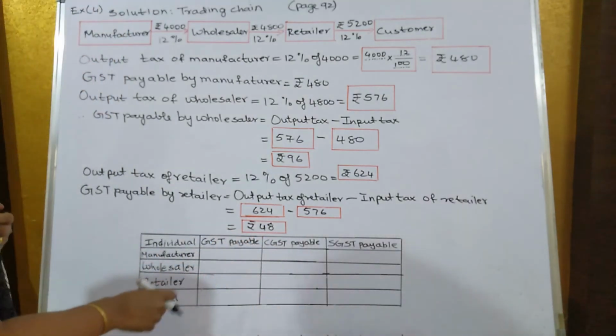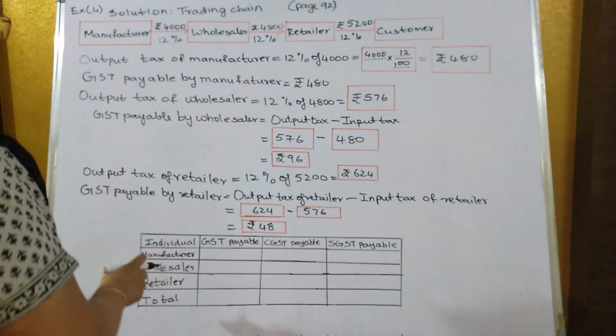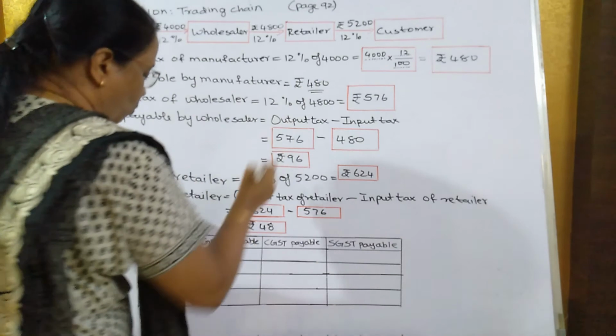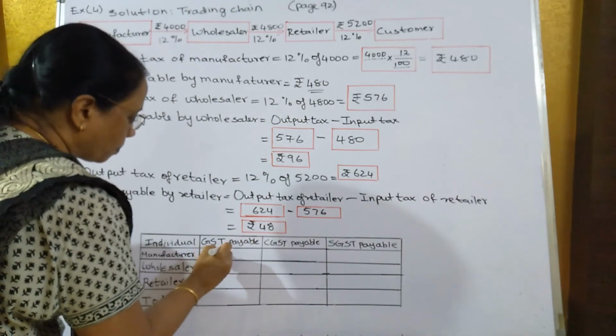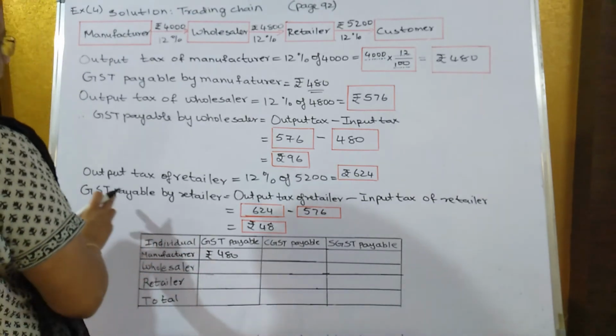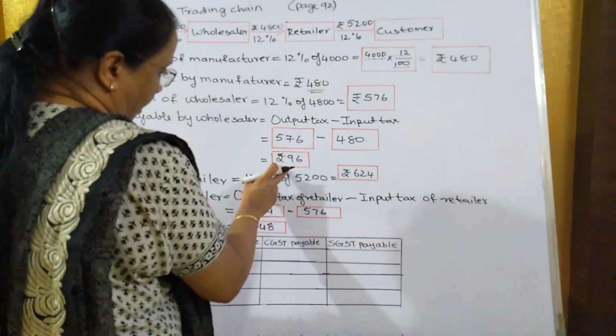Now complete this table. GST payable by the manufacturer is rupees 480. The GST payable by the wholesaler is 96.